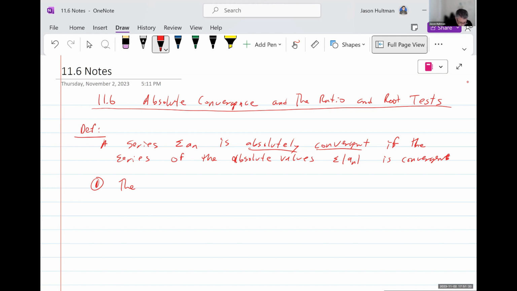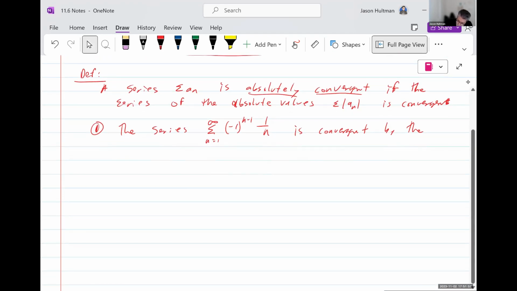Okay, and so the series summation n equals 1 to infinity of (-1)^(n-1) times 1 over n is convergent by the alternating series test.